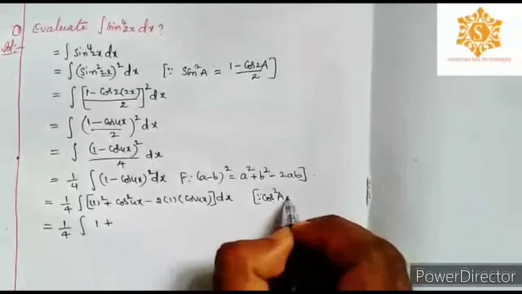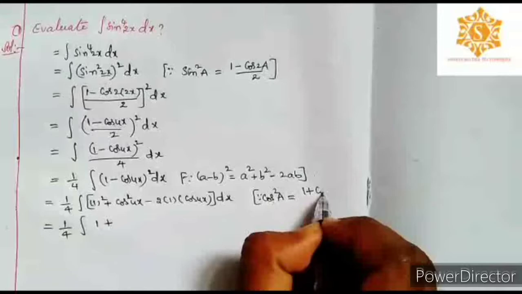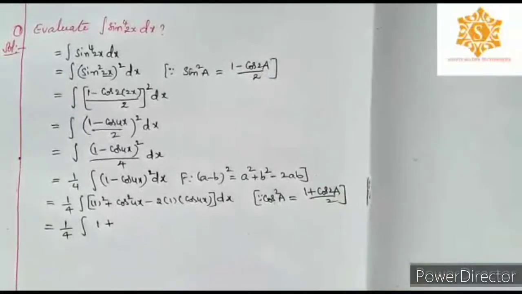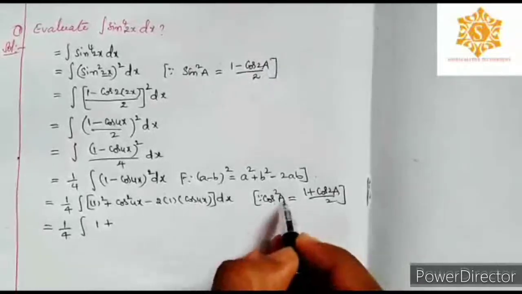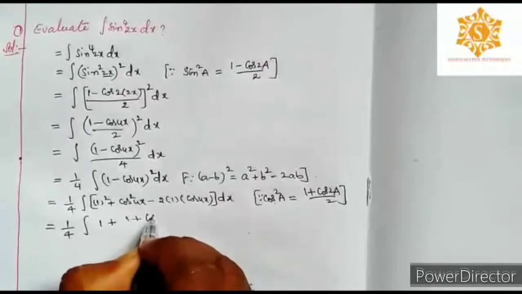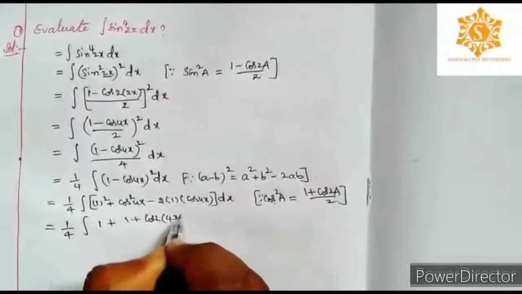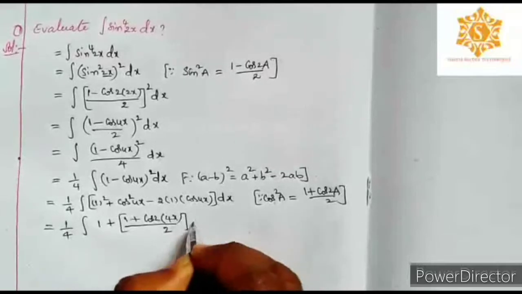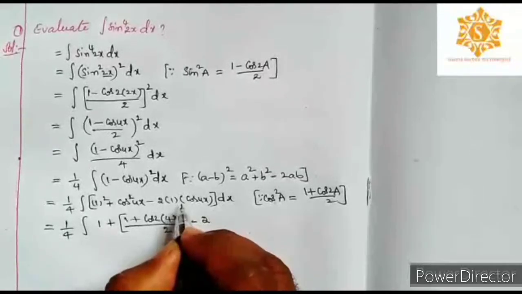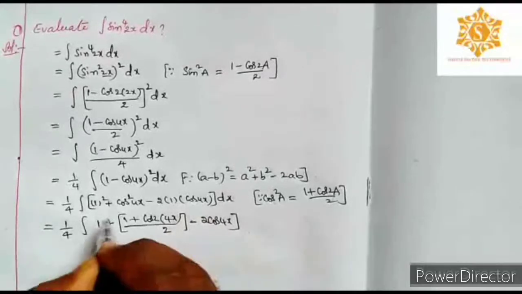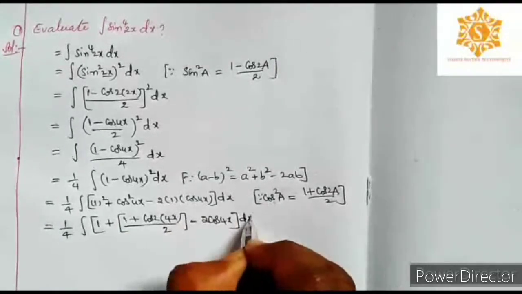We know that cos square a equals to 1 plus cos 2a by 2. So you can write here a value is 4x. So 1 plus cos 2 into 4x by 2 minus 2 into 1, 2 into cos 4x, that is 2 cos 4x whole dx.